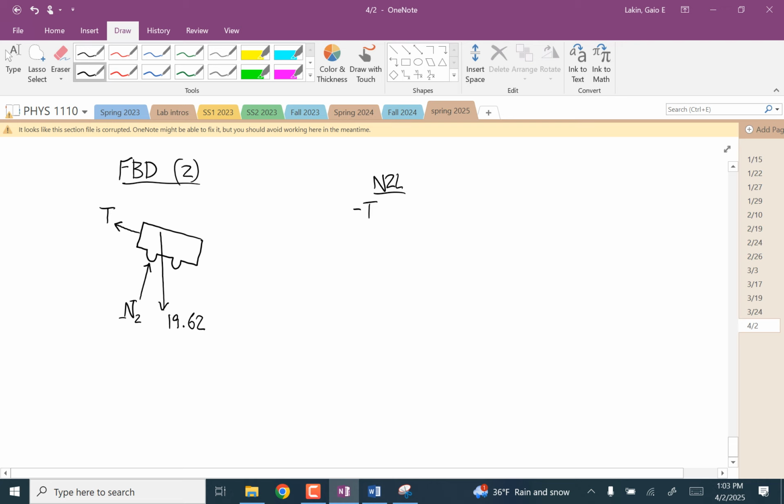And so Newton's second law says that T is in the negative x direction. So we have negative T, 0, plus 0, N2, plus 19.62 times the cosine of 280 degrees, 19.62 times the sine of 280 degrees.